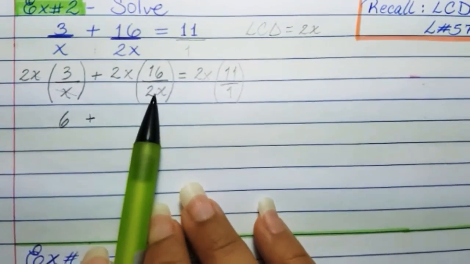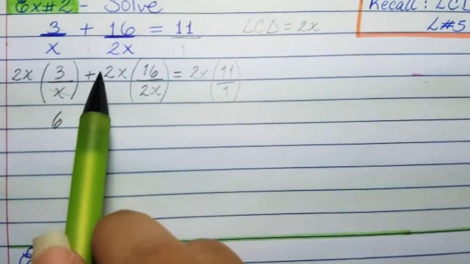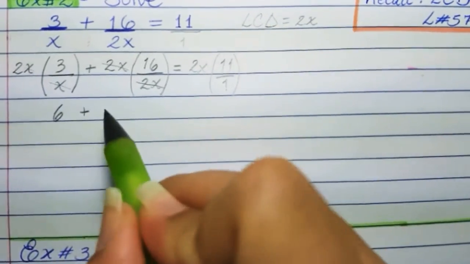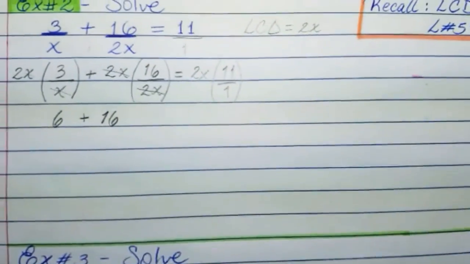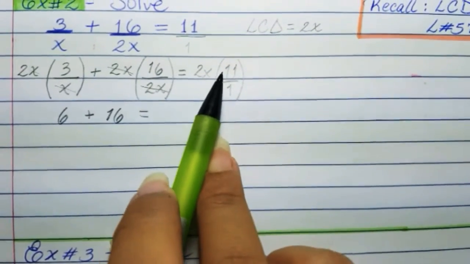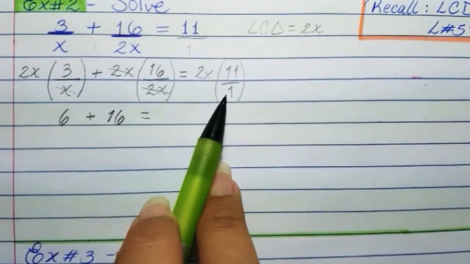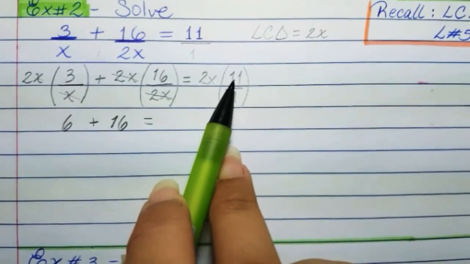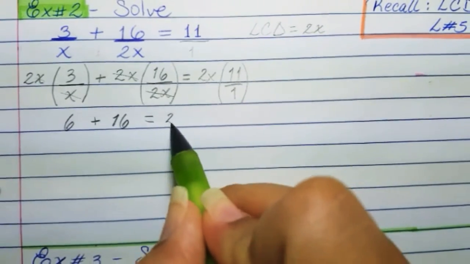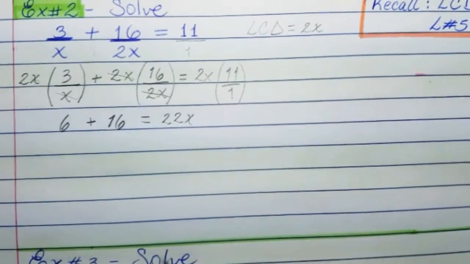These 2x can be cancelled with these 2x, so we have 16. And now 2x times 11 divided by 1. So 2x times 11 is 22x, divided by 1 is 22x.